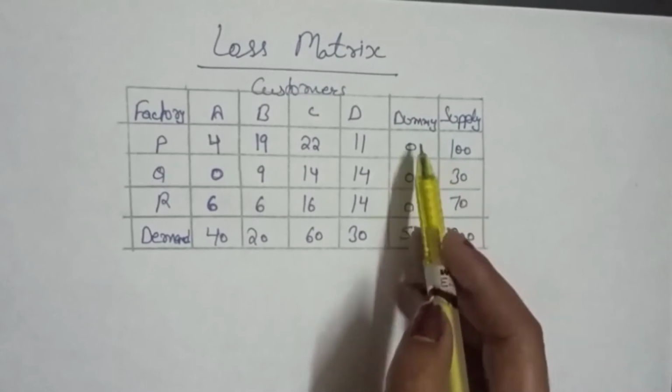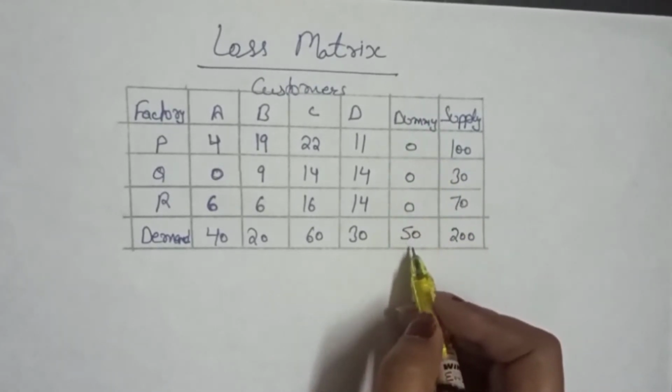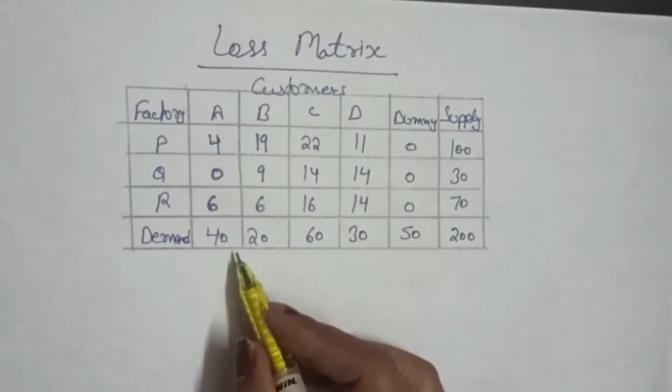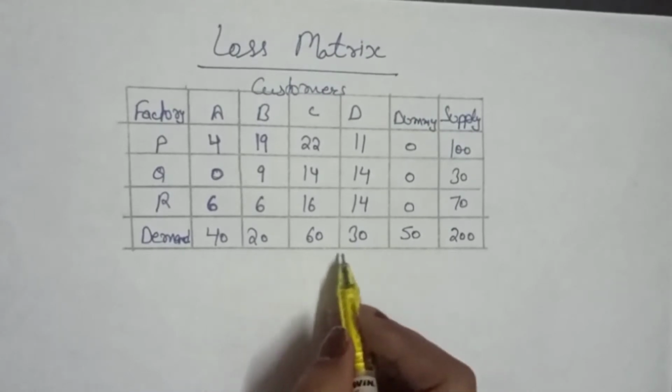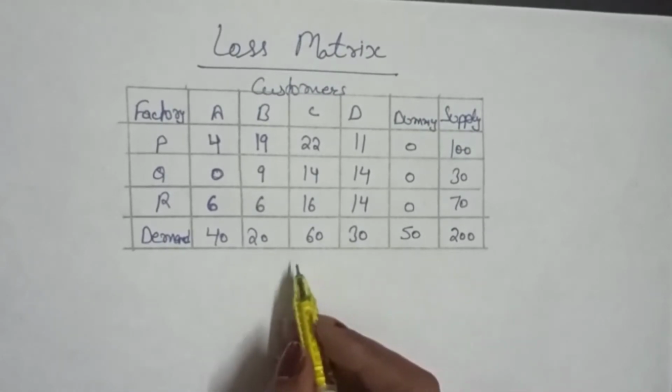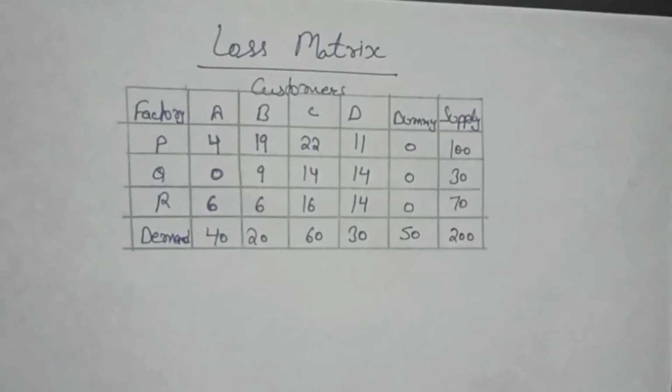So we will introduce a dummy column here with 0, 0, 0, and here we will write 50. So now we have demands of 40, 20, 60, 30 and 50. The total of these demands is 200. So we can say this is now our balanced problem. Now we will solve this balanced problem using Vogel's approximation method and find our allocations.